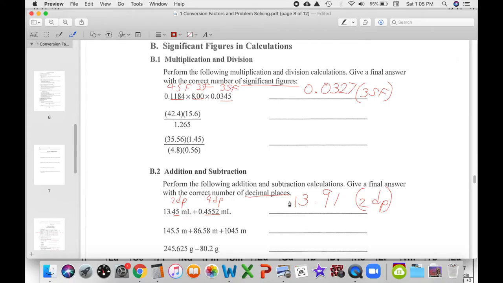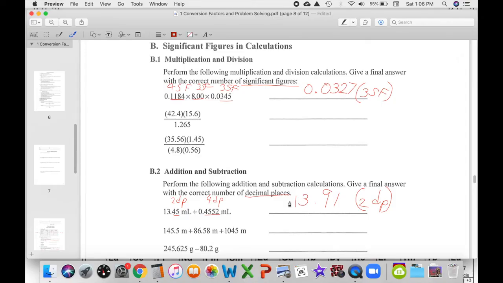Okay, we don't really do any problems where you have to do both multiplication and division and addition on this lab report, but for those of you who are going to ask that inevitable question, basically do your multiplication and division first. If you think back to math classes where you have the expression PEMDAS, or please excuse my dear Aunt Sally, you do multiplication and division first, and then you do addition and subtraction afterwards.